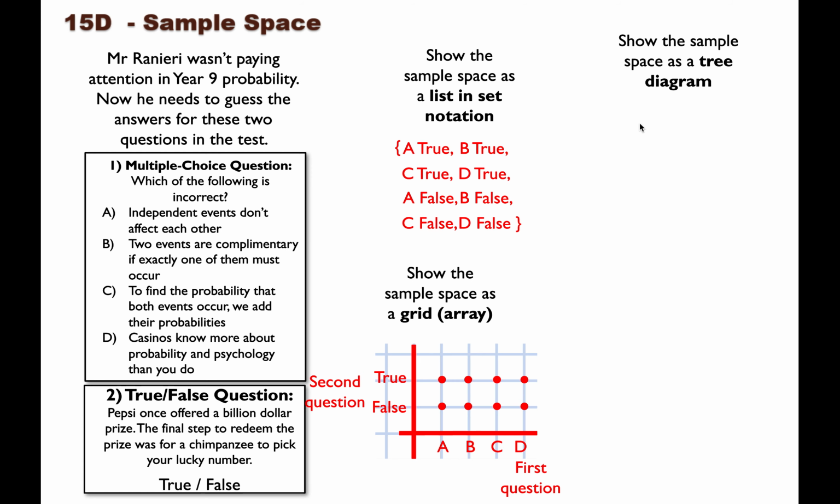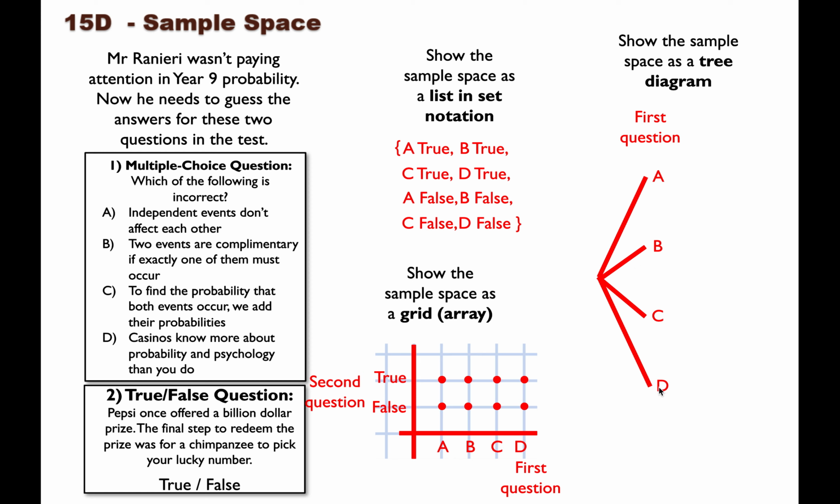Finally, one other way that we could show the sample space is as a tree diagram. And I do the first experiment, which is the first question, and I list all of the outcomes for the first experiment, which is the first question here. The outcomes are A, B, C, and D. So I start here, and then I draw lines to each of those outcomes.